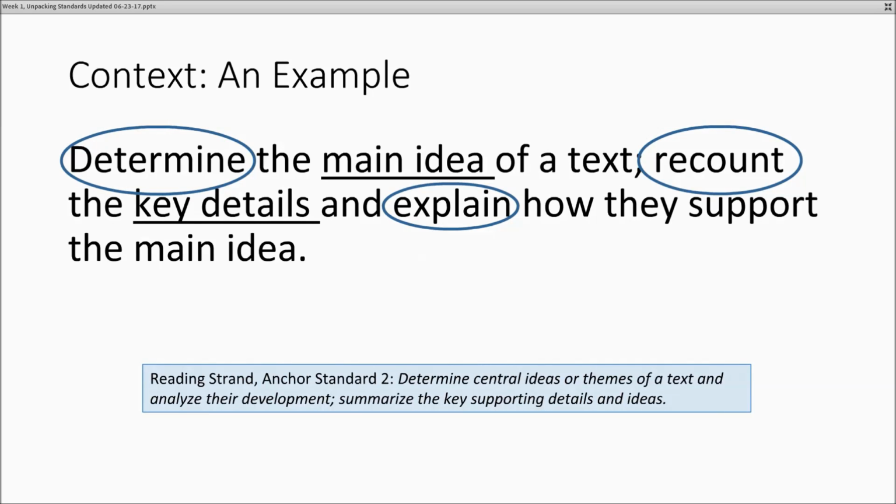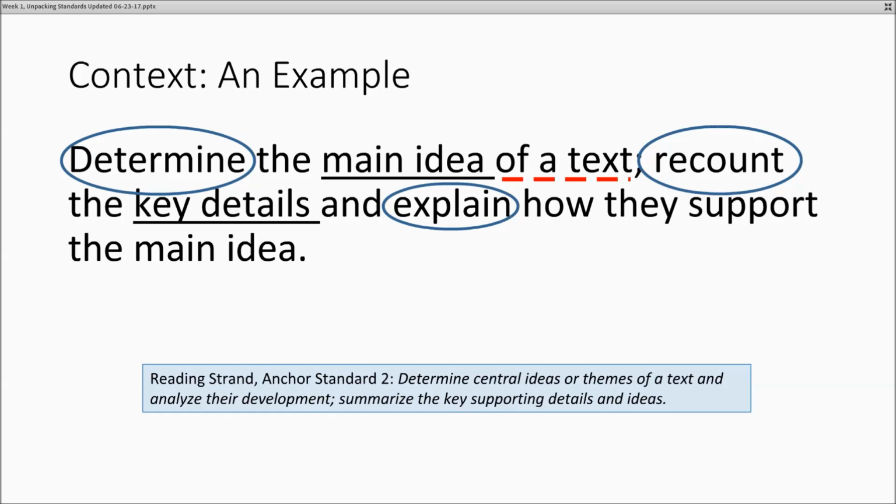Again, we circled the verbs, we underlined the concepts or nouns, and now we're going to look at the context. Where are students doing this work of determining main ideas? Where are they recounting the key details? Well, if you use that hint I said, prepositional phrase, determine the main idea of a text.